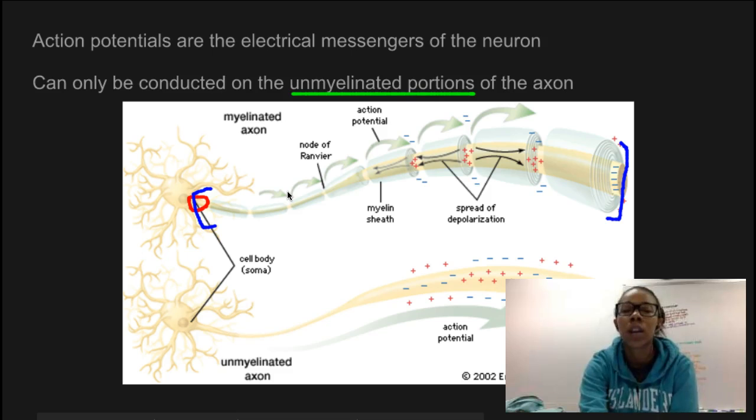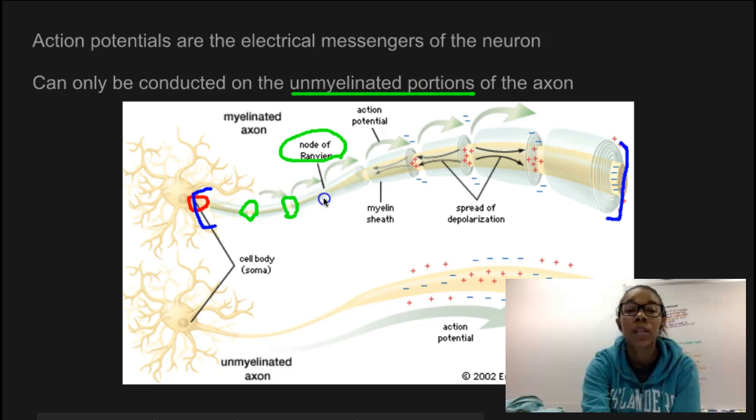So if your neuron is myelinated, because not all neurons are, the action potential is only going to occur within your nodes of Ranvier, meaning the naked parts, I like to say. So all the parts that don't have myelination is where your action potential is occurring.